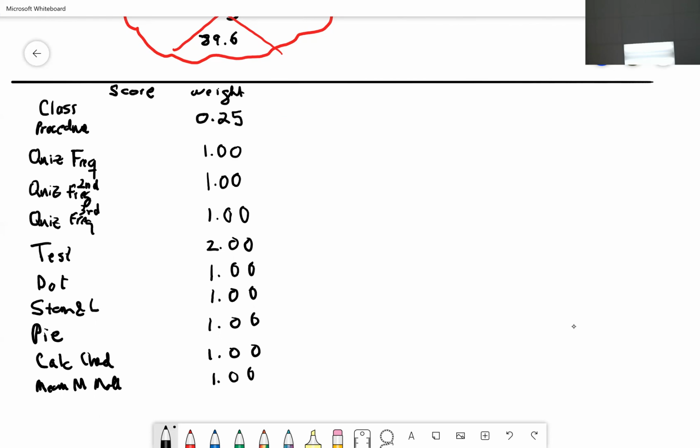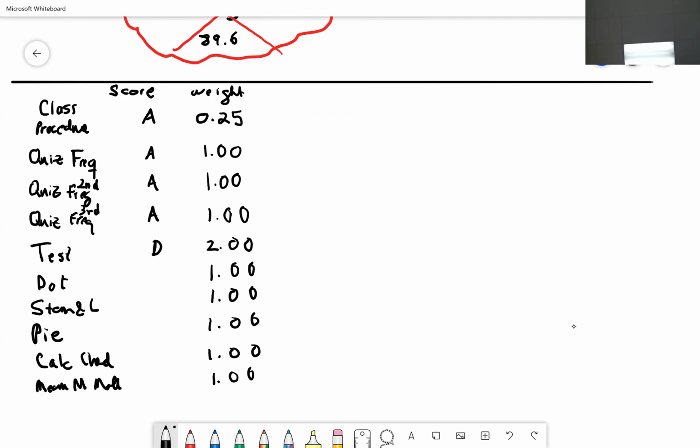There we go. All right, so let's put some scores here. Let me pick a person with an interesting set of grades at least. Okay, I picked this person. This person got an A for the classroom procedures. An A on the first frequency test, another A, but then they took a D for the tests.